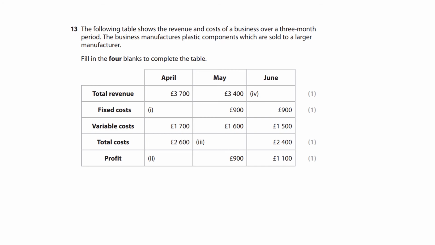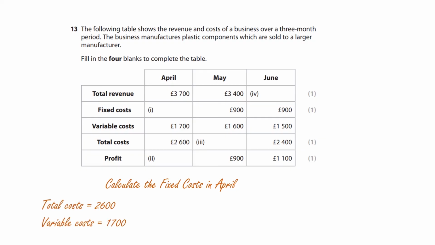Another question, and this question is in 4 parts. The first part requires us to calculate the fixed costs in April. So what we need to do is find the difference between the total costs and the variable costs. Total costs are £2,600, variable costs are £1,700. So we need to find the difference between that in order to get our fixed costs.